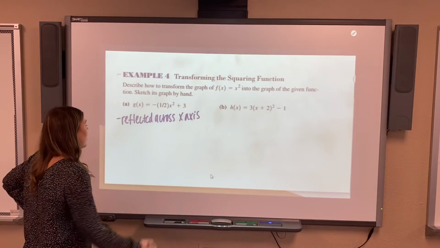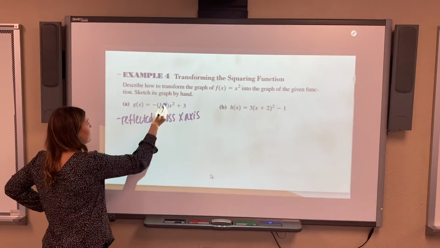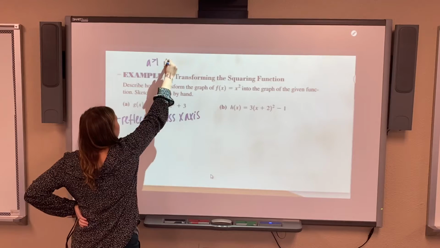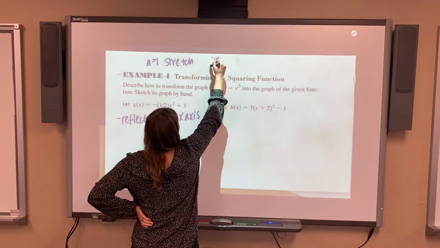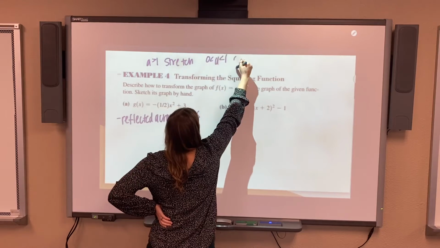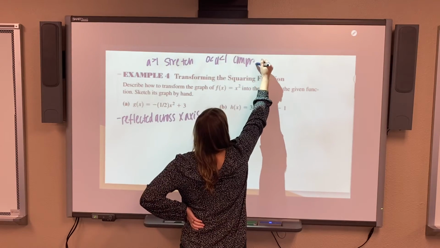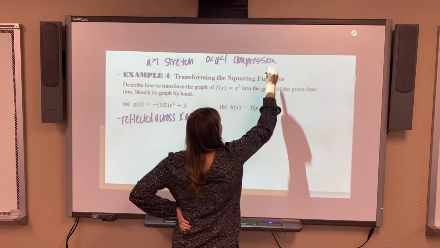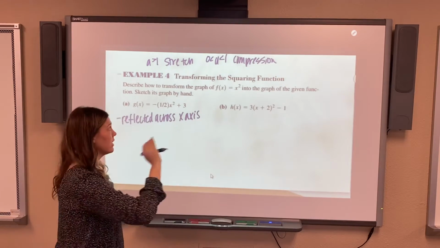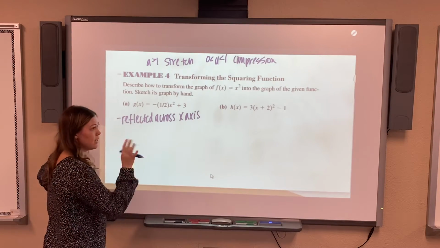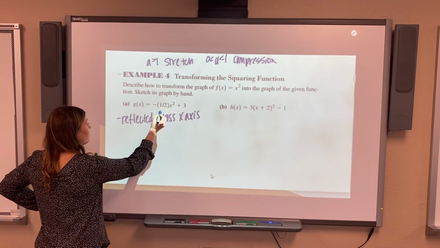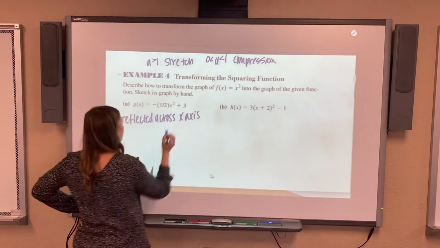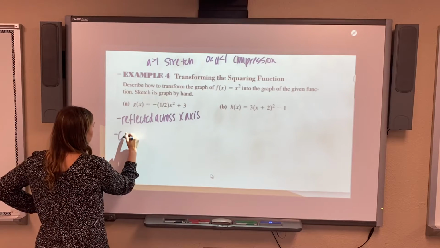Okay, the 1/2. If this a value, if a is greater than 1, it's a stretch. And if a is between 0 and 1, it's a compression. On the next slide, we'll go into deeper labeling details for you to put in your notes. Since 1/2 is between 0 and 1, this is a compression. So it's compressed by a factor of 1/2.